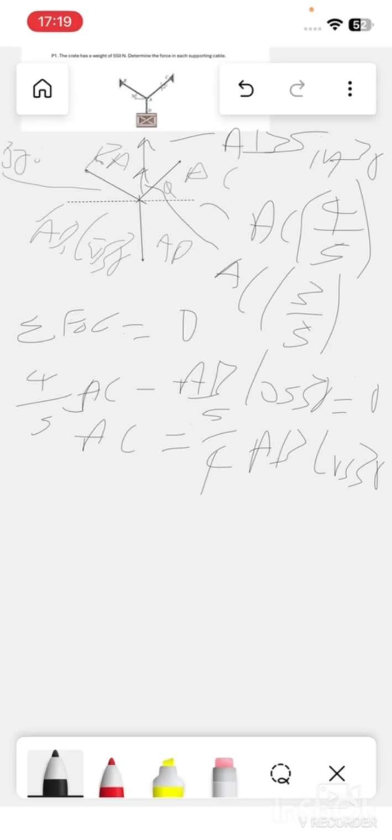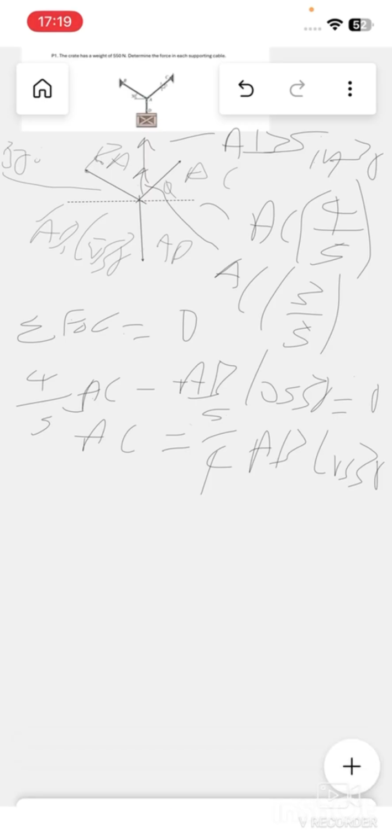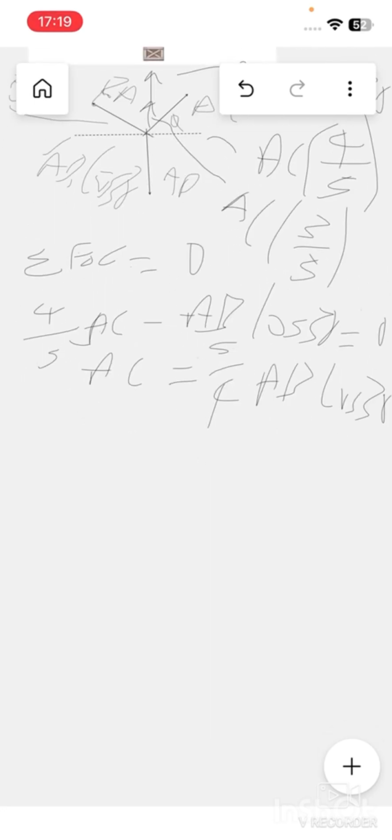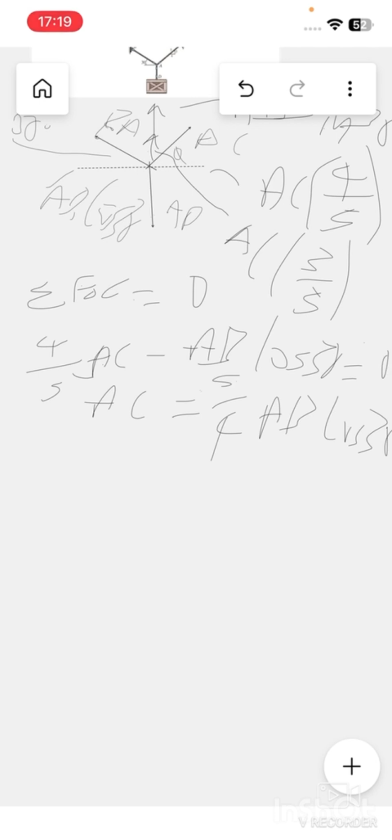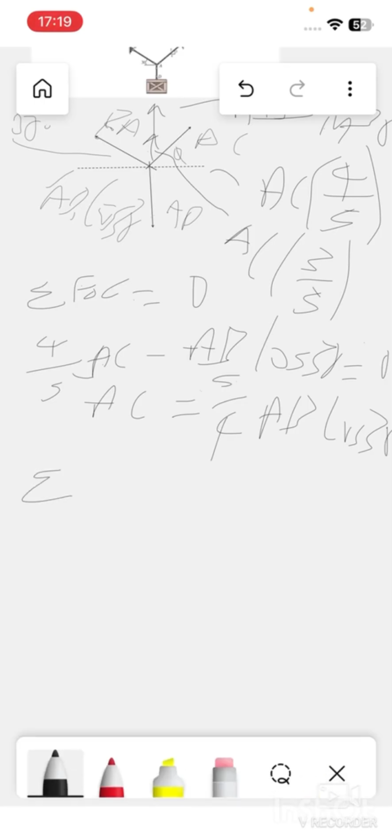We're going to go to the summation of the y forces, which are the vertical forces. The summation of Fy is equal to 0.